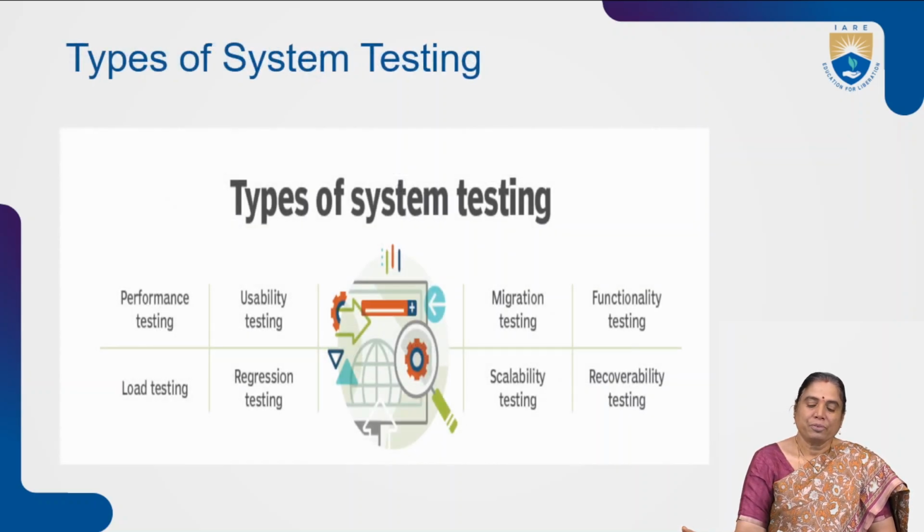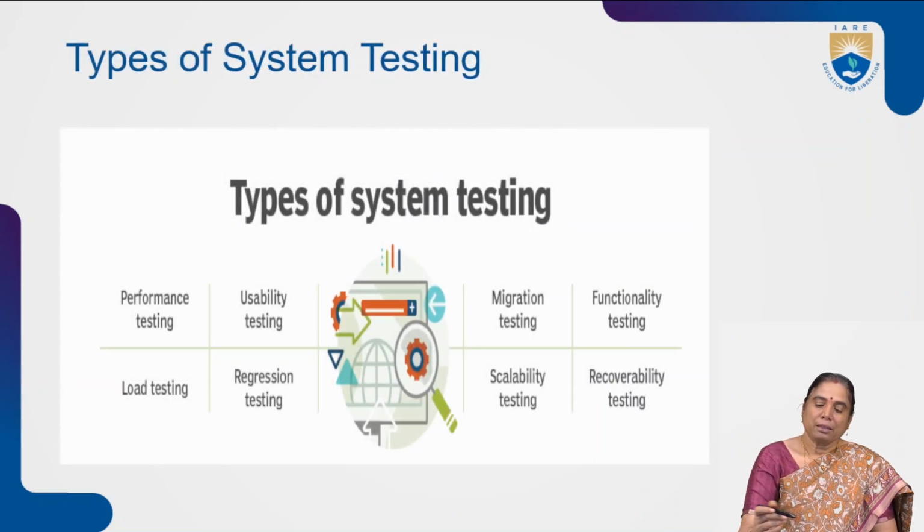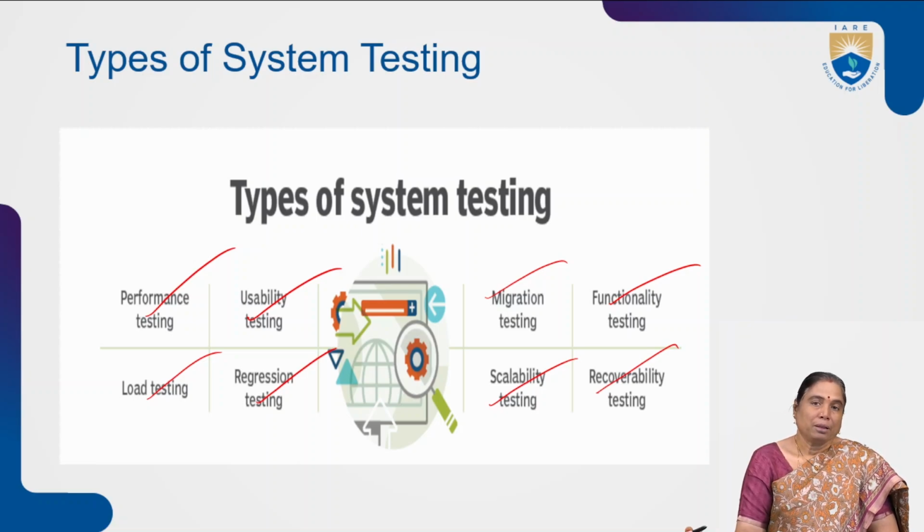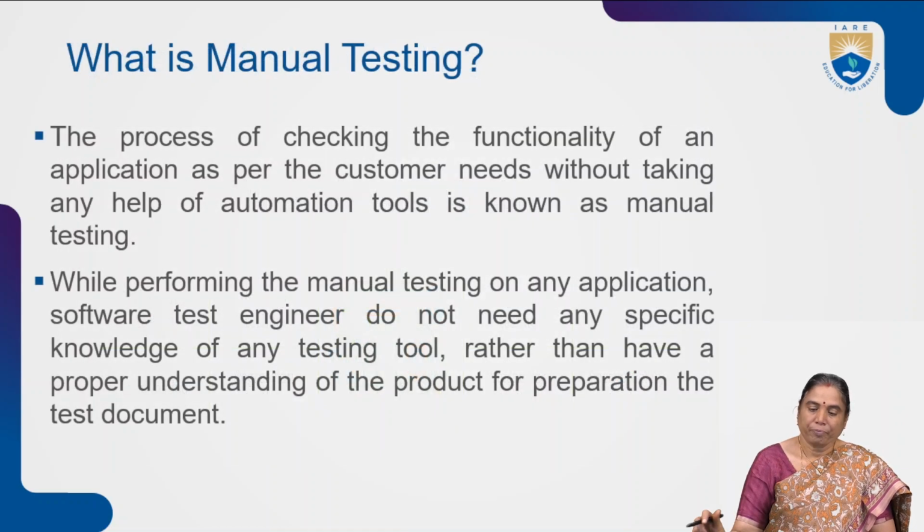The types of system testing are generally performance testing, usability testing, load testing, regression testing, migration testing, functionality testing, scalability testing, and recoverability testing. Generally, the non-functional requirements are more concentrated on in system testing.